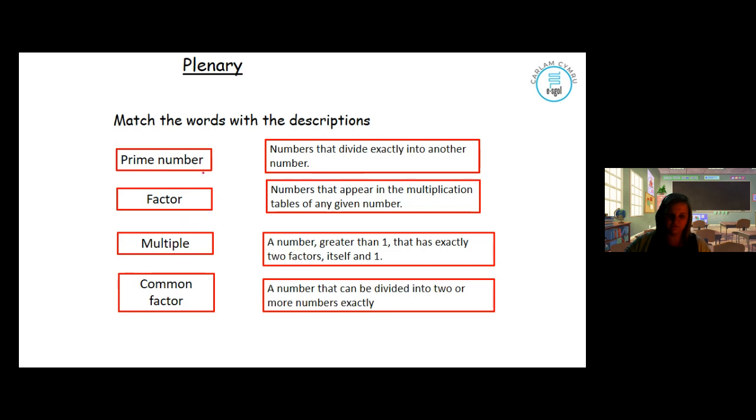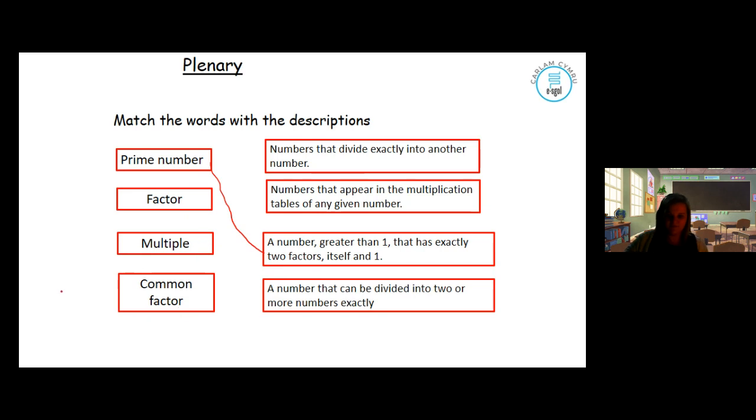Okay then, prime number. If you think back to the start of the session, a prime number is a number greater than 1 that has exactly 2 factors, the number itself and the number 1, so that matches to the third one down on the right hand side.